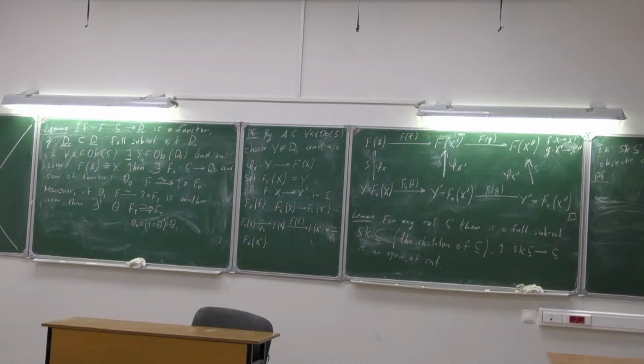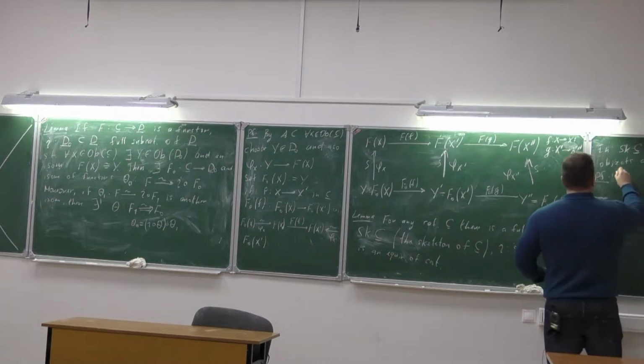So that's the definition of a skeleton. And from the proof you can see how we can immediately construct this. Again, I'm using the axiom of choice.